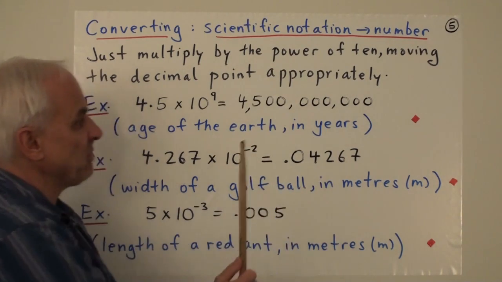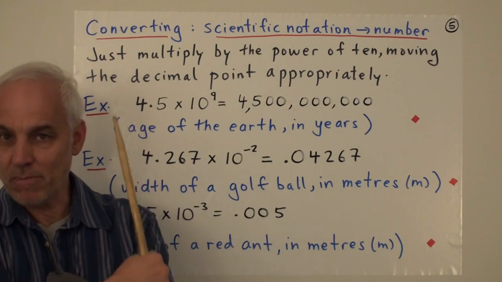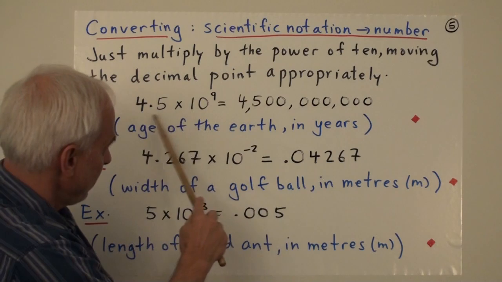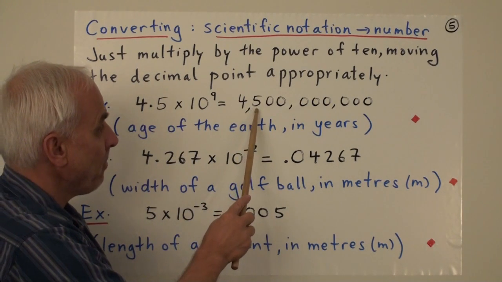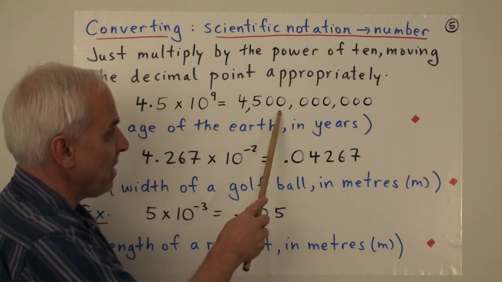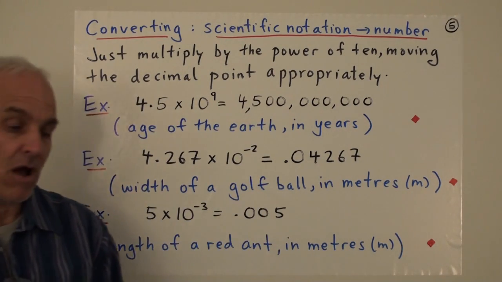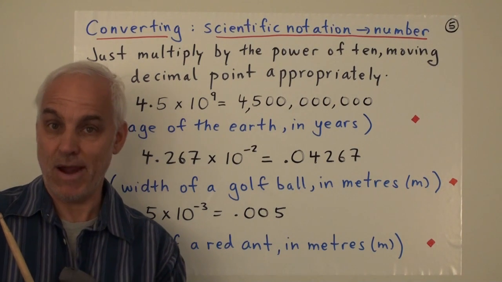So 8 of them corresponding to those zeros, and 1 of them corresponding to moving past the 5. So 4.5 times 10 to the 9 is in fact 4,500,000,000. And that's the rough estimate to how long scientists think that planet Earth has been around.